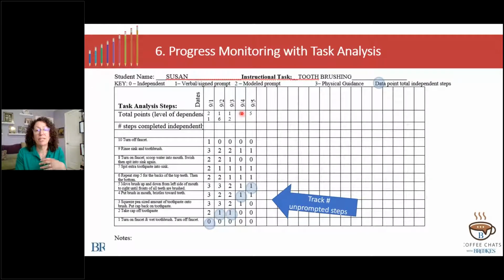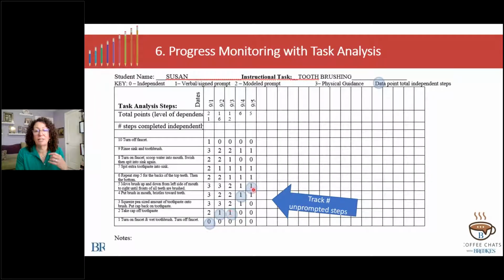On this particular day, there were 1, 2, 3, 4 independent steps. So here on 4, that's independent. And then on this last day of data, we have 1, 2, 3, 4, 5 independent steps. And so that puts a dot on number 5.